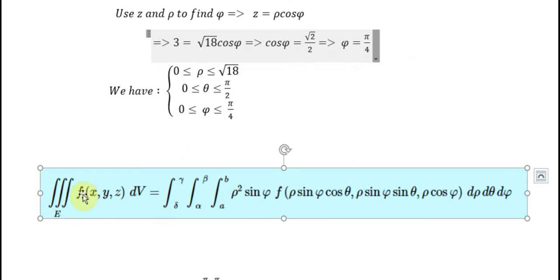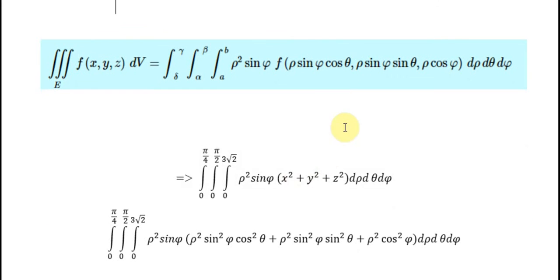Later we apply the formula. This is the function, and dV is rho^2 multiplied by sine phi, d rho, d theta, and d phi.